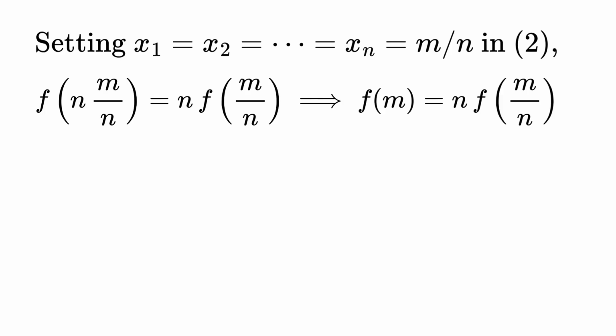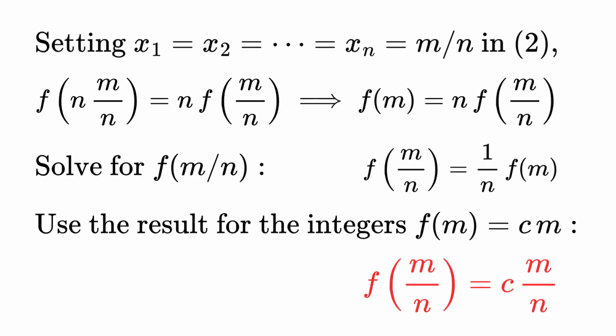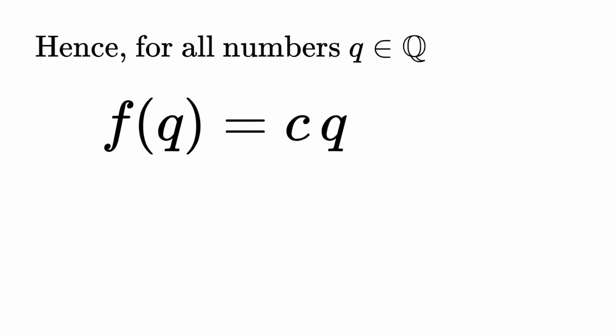Returning to equation 2, now we set all arguments equal to the fraction m over n, where n cannot be 0. The resulting equation shows that the value of f at the fraction m over n is equal to c times the fraction. Therefore, the function f of x has the form c times x for any x that is a rational number.